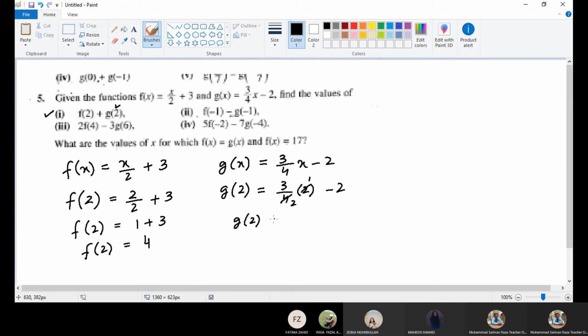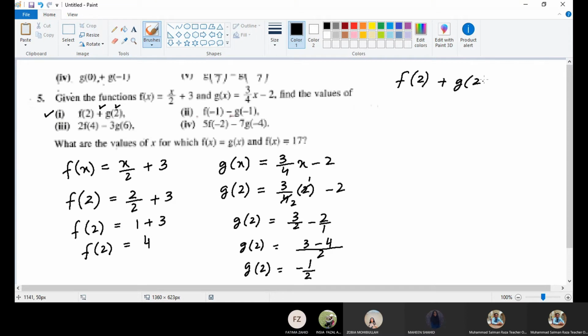So g of 2 is going to become 3 upon 2 minus 2, where I'm going to take the LCM of this part, and it is going to become 3 minus 4, and g of 2 is going to become minus 1 upon 2. So you can see in the question, they want us to add the answer. So f of 2 plus g of 2.